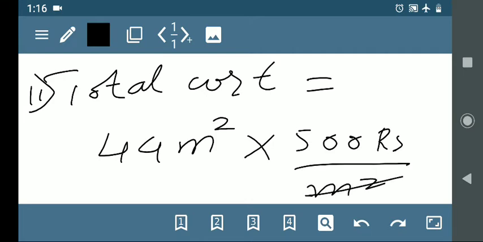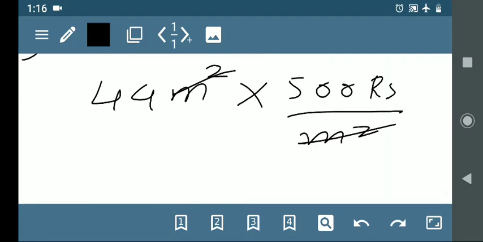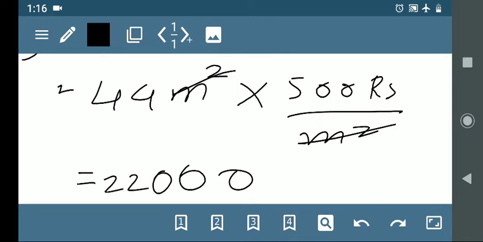So total cost is equal to how much, dear students? 44 into 500. 0 0. 5 4s are 20, 0 carry 2, 5 4s are 20, 22 rupees. So 22,000 rupees. It is 0, students, not 6.